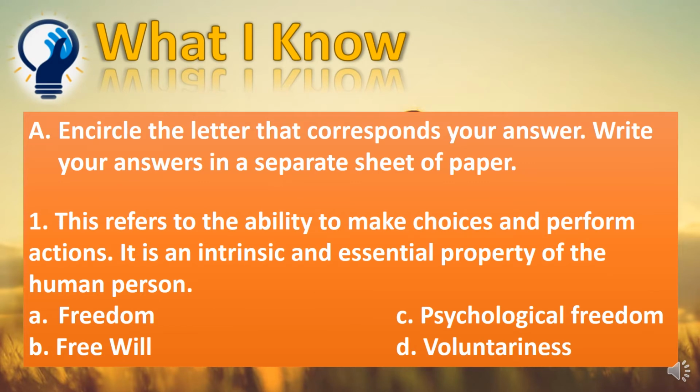Okay, so before we start, I want you to get a piece of paper or your notebook in my subject. You're going to write the letter of the correct answer. I'm going to read, then you're going to answer, then I'm going to give the correct answer. Number 1, this refers to the ability to make choices and perform actions.